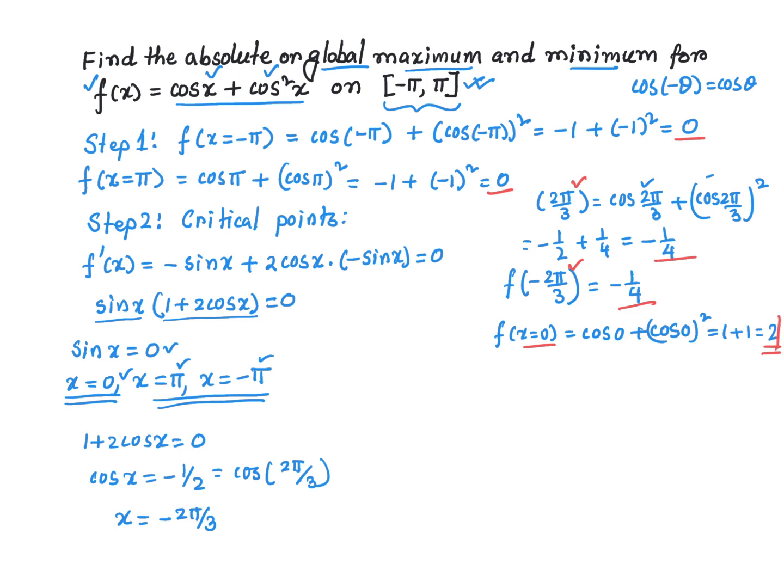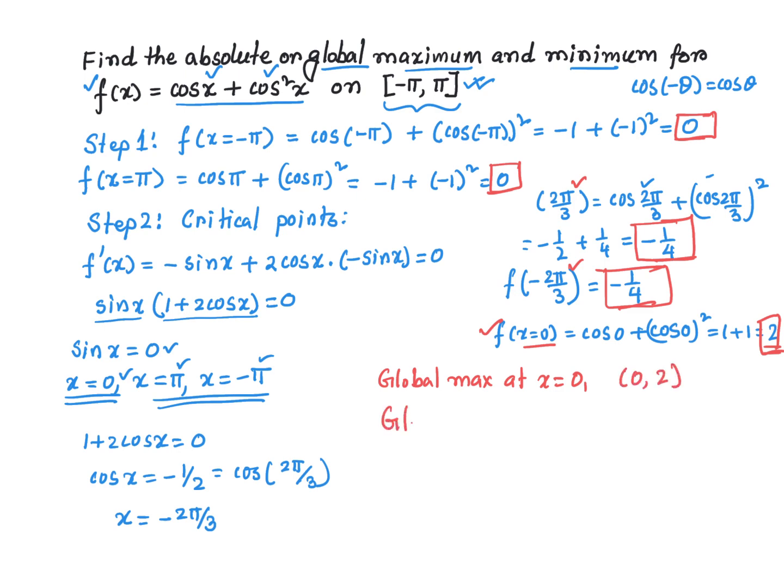By looking at all these points, we can see that our absolute or global max happens at x equal to 0. So global max at x is equal to 0, which is the point 0, comma, the function value 2.